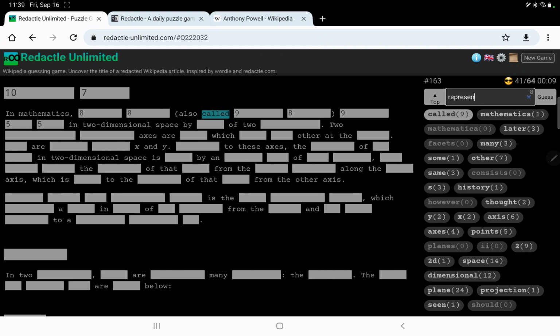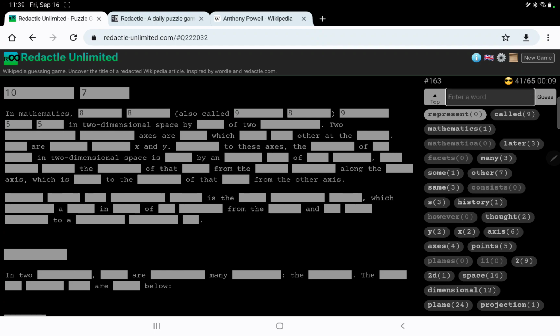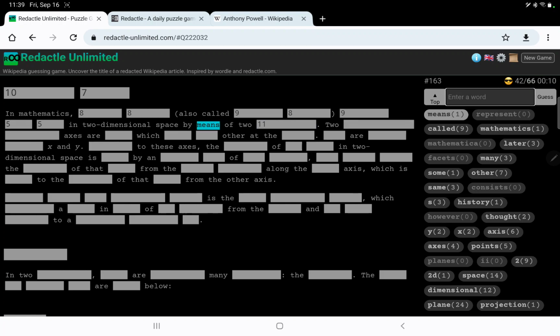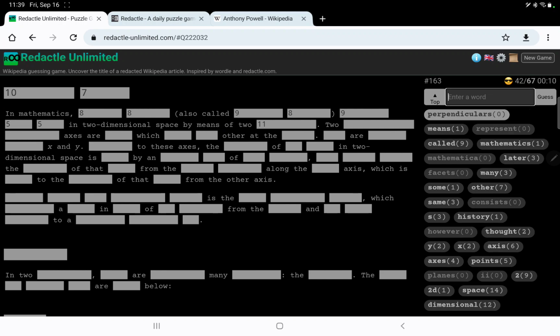Maybe represent. No, represent. 5, 5 in two-dimensional space by means of two perpendiculars. No, that's too long. Let's try perpendicular though.